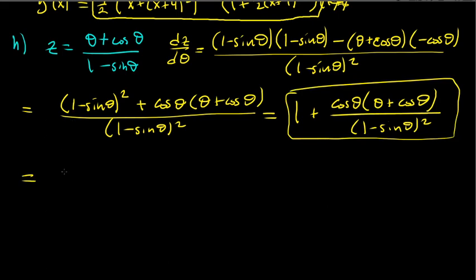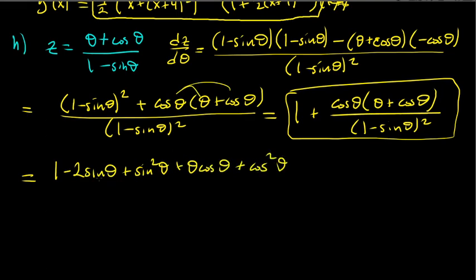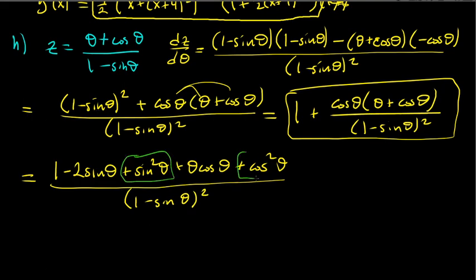Or you can expand out the numerator and just write it as one big fraction, right? So 1 minus 2 sine theta plus sine squared theta. And then, multiplying this out, we get plus theta cosine theta plus cosine squared theta. And no reason to multiply out the denominator. I will leave that as 1 minus sine theta squared. But in the numerator, we have sine squared plus cosine squared, which is just 1.